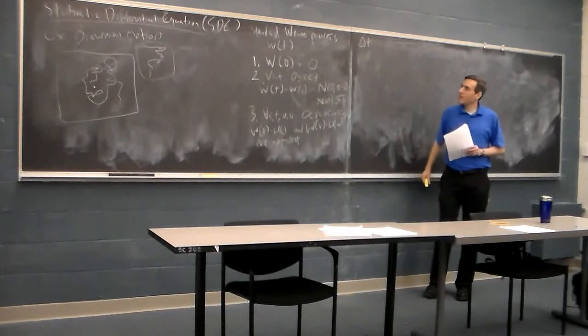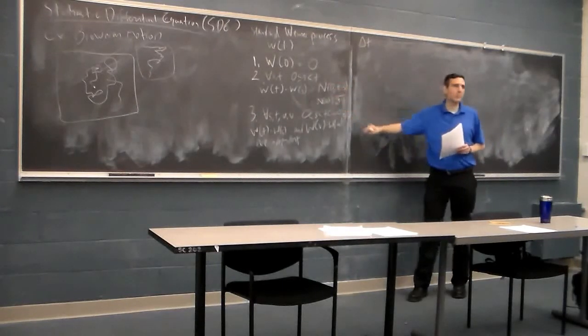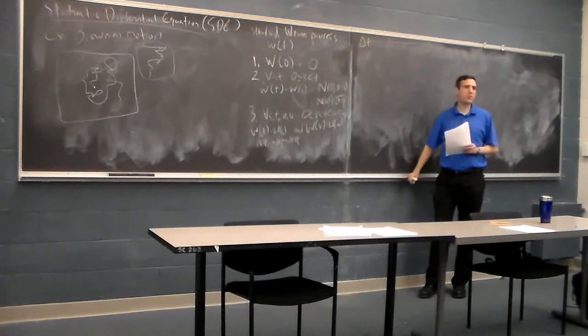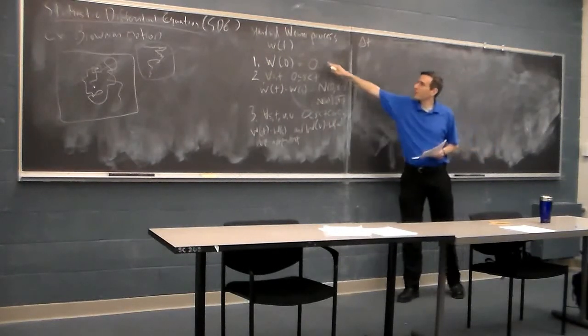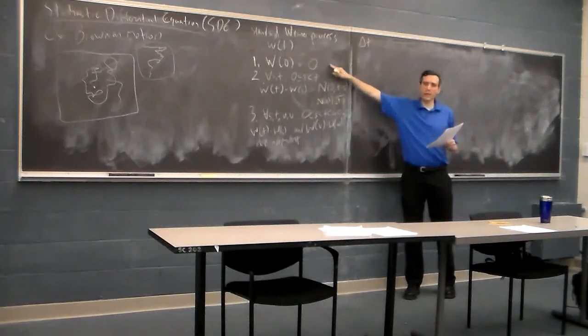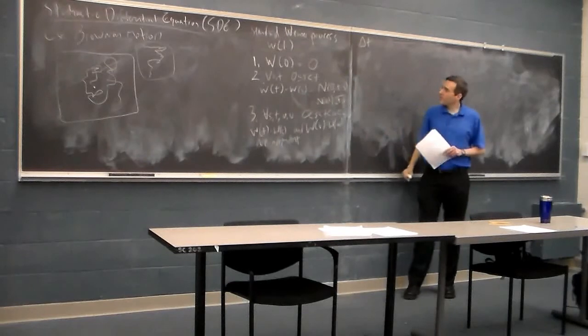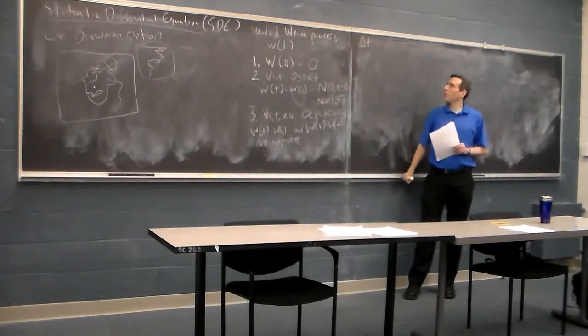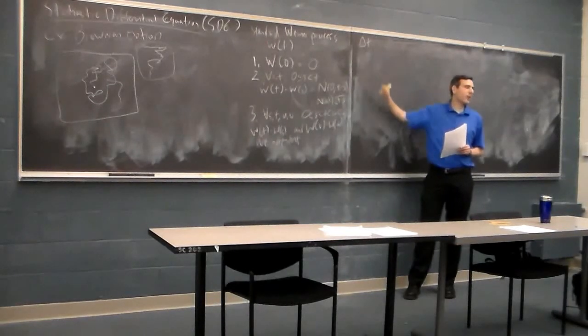So in particular, these different assumptions or parts of the definition are implying some particular things about how we would do this simulation. This first one is implying that we have some initial conditions. We know how to start our simulation. The second one is implying what we do on each step delta t.